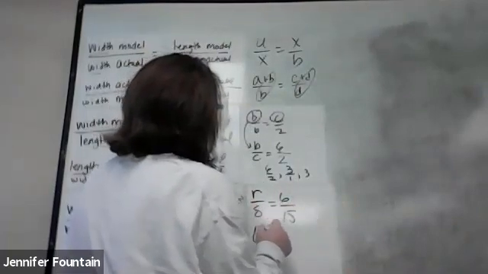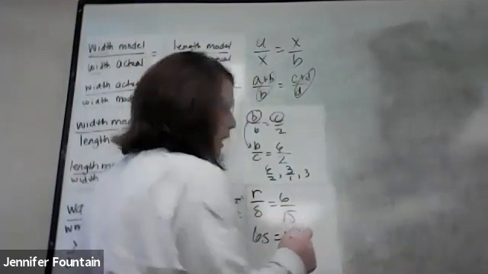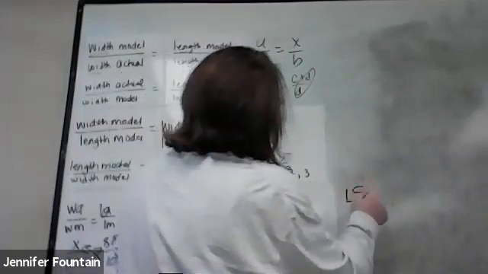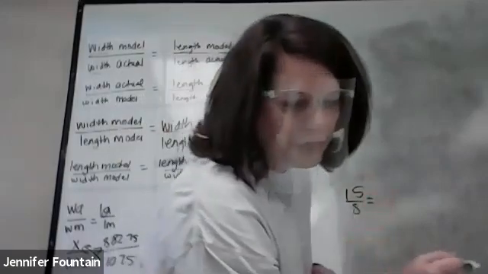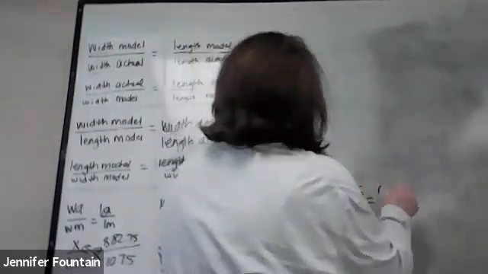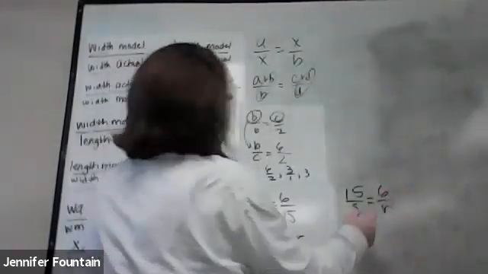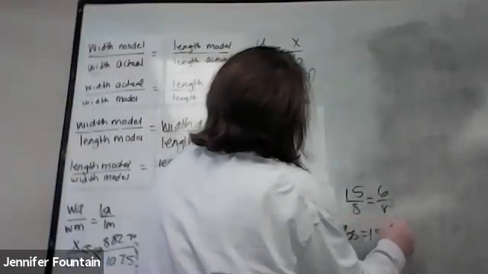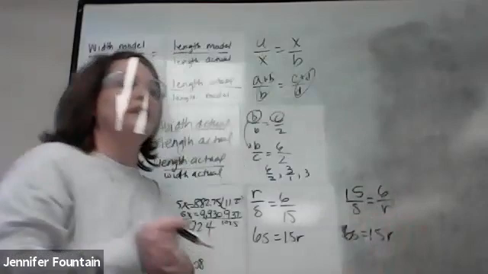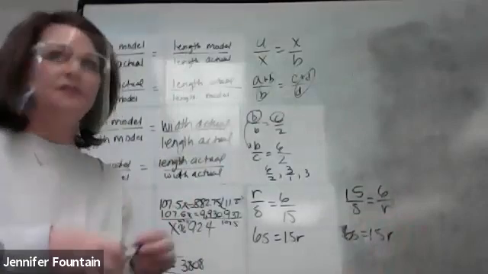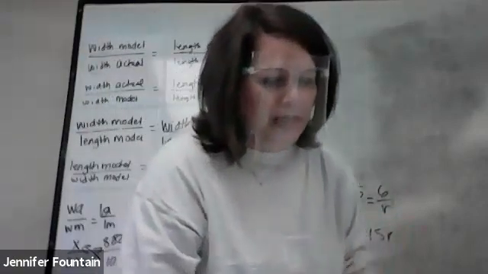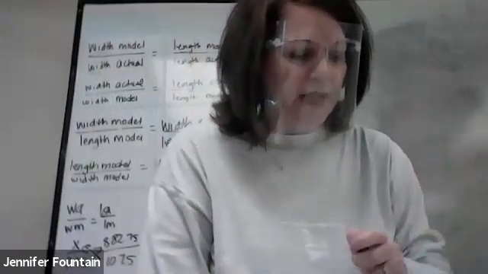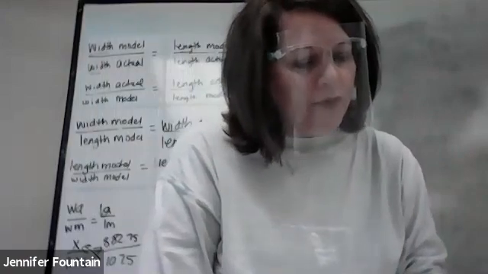Then I'm going to have 6S is equal to 15R, right? Notice if I flip-flop that, I have 15 over S is equal to 6 over R. When I cross multiply, I still have 6S is equal to 15R. So they're true statements. When I cross multiply, I've still got the same products. If they do not end up being the same products, then that's when you say it's a false statement.